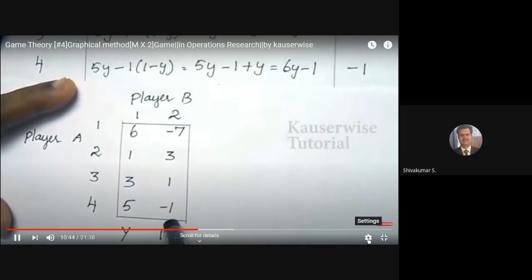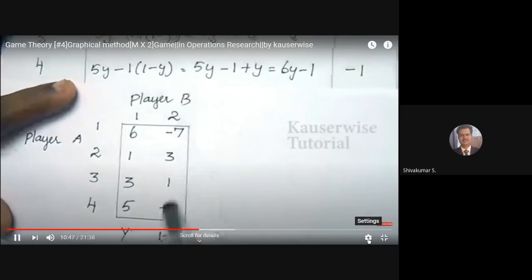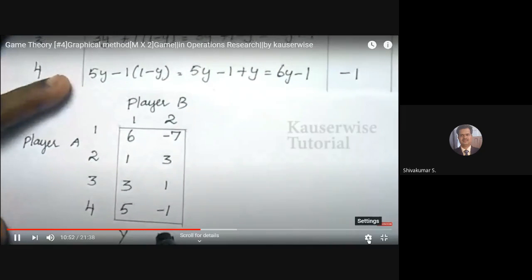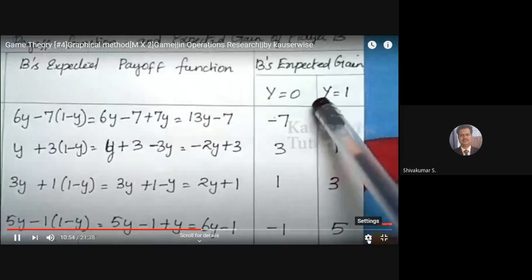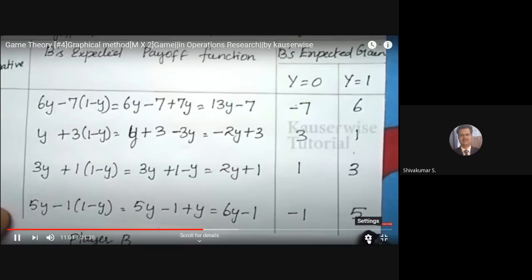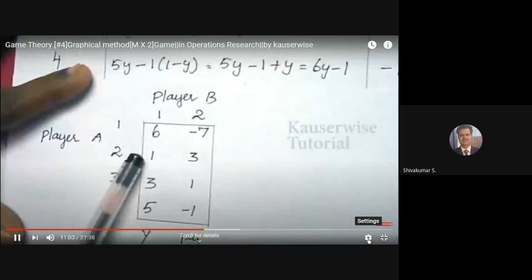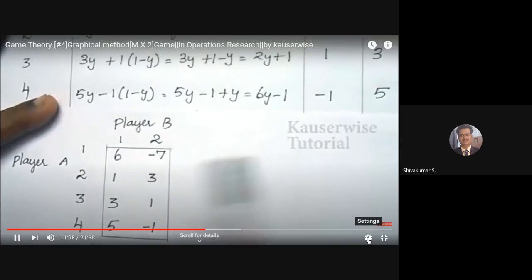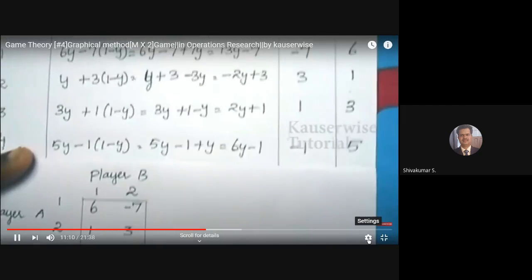The same values are there, no? So these are the values which we have got when Y is equal to 0. Let me see the other one. When Y is equal to 1, these are the expected gains, that is 6, 1, 3, 5. Now see the payoff matrix. 6, 1, 3, 5. This is there in the original problem. In this way, you can cross-check and ensure the correctness.